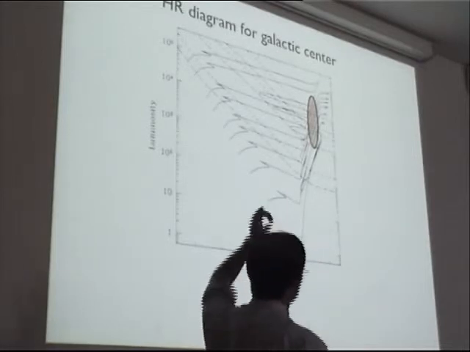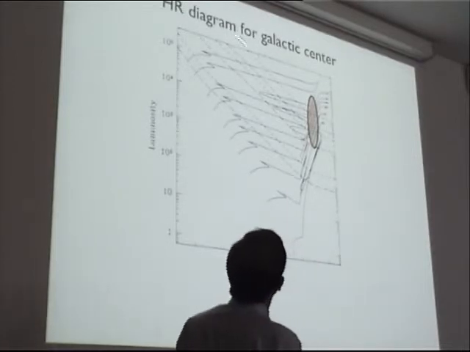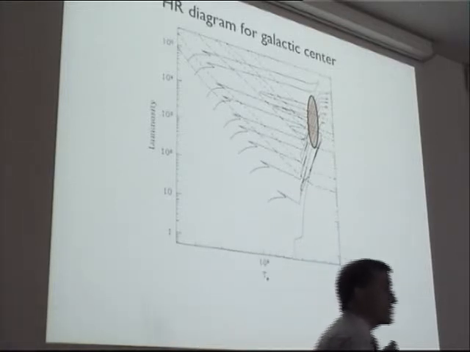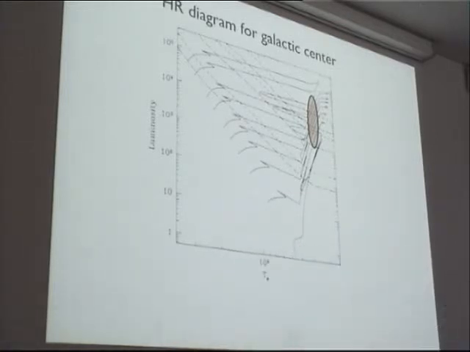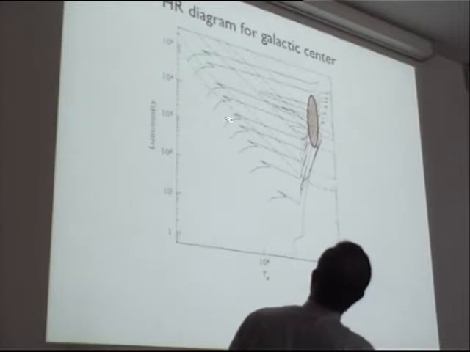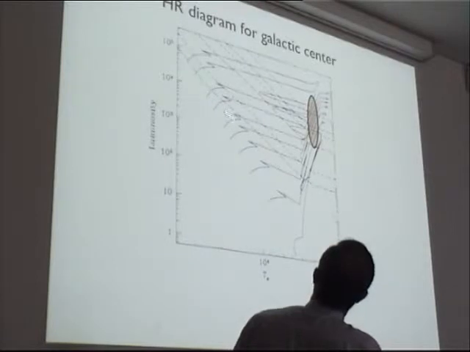I should explain something that's very important about the galactic center again. I mentioned you observe the galactic center in infrared. That's a very strong selection effect. It means you see red things or very bright blue things. Okay? And these are lines of constant K magnitude, one of these crazy astronomy units. But what it means for us here is that basically I can see anything above a line that's roughly here.